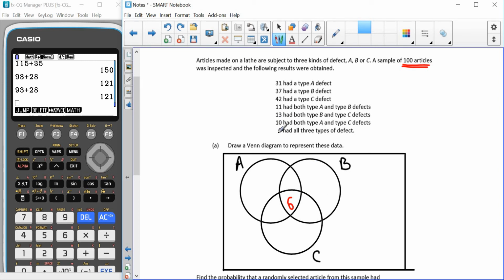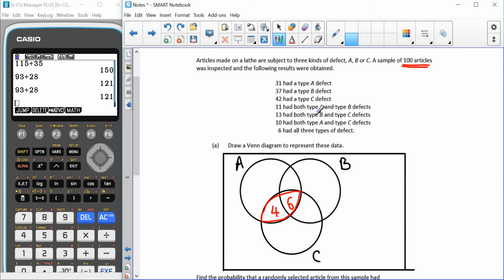Then we have 10, working up my list, we have 10 that had type A and type C defect. So we're looking at where our circle for A overlaps with our circle for C, and that gives us this sort of half eye bit here. Now that means that the total of this bit here is going to add up to 10, but 6 of those items have already gone here, which means that there's only 4 left over to go into that section there.